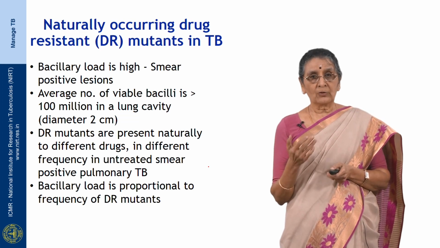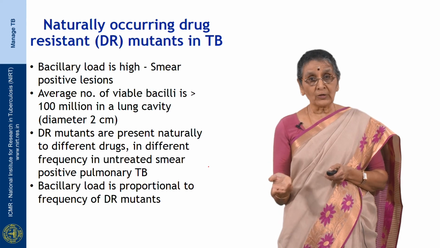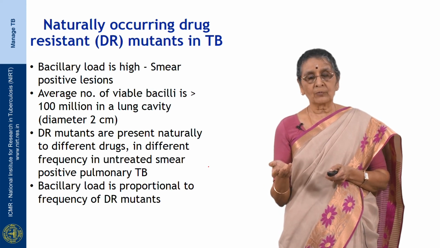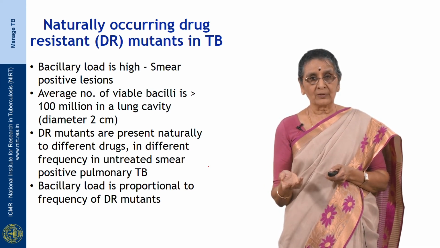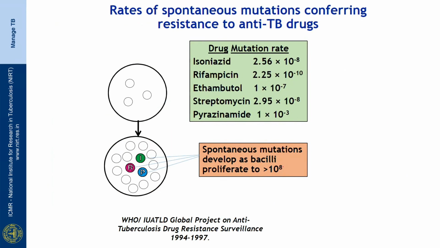DR mutants, as I told you earlier, are present naturally to different drugs and in different frequency in an untreated smear positive pulmonary tuberculosis patient. More the number of bacteria, more the DR mutants. Now, this figure clearly tells you the rates of spontaneous mutations conferring resistance to anti-TB drugs.